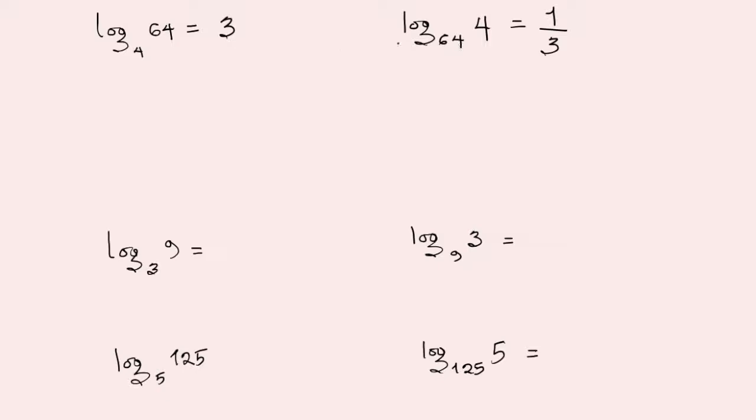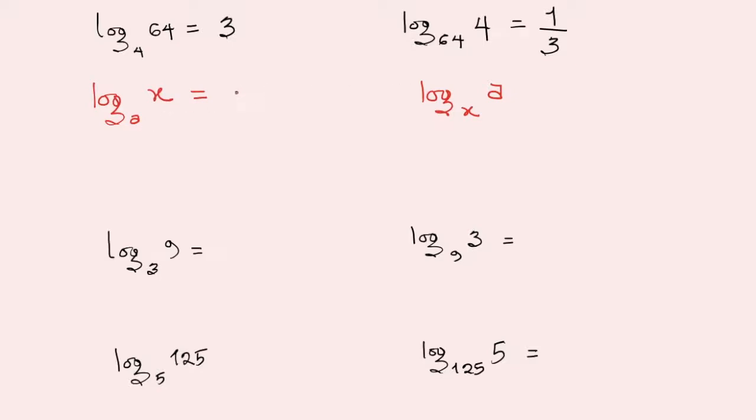Now if you look at these two expressions, you would see a relationship. On this side we have log to the base a of x, where a is equal to 4 and x is equal to 64. And on this side we have log to the base x of a, because a is 4 here and x is 64 here. So if you have this exchange of base and number, what happens?